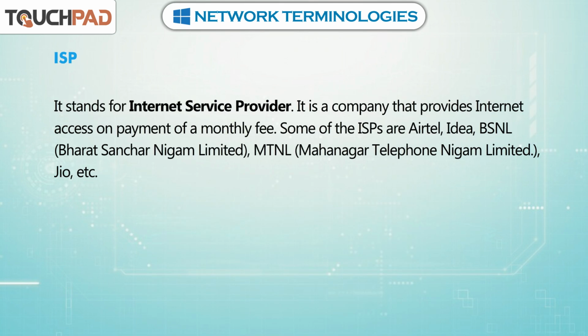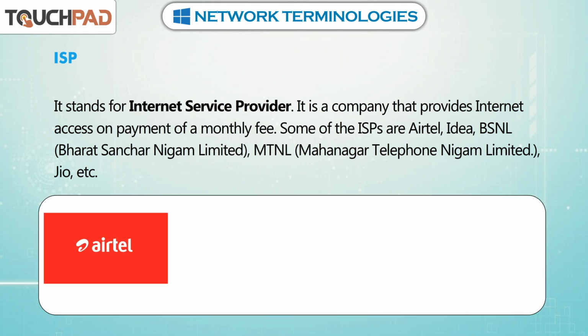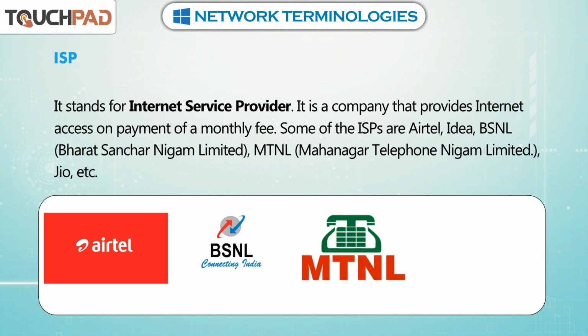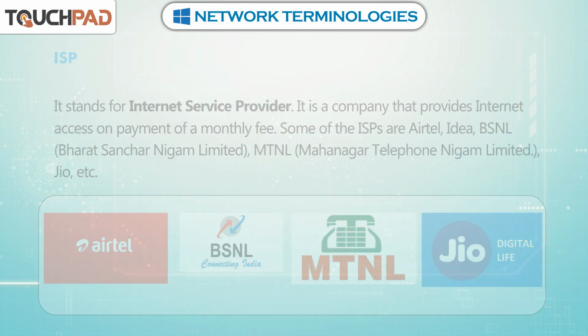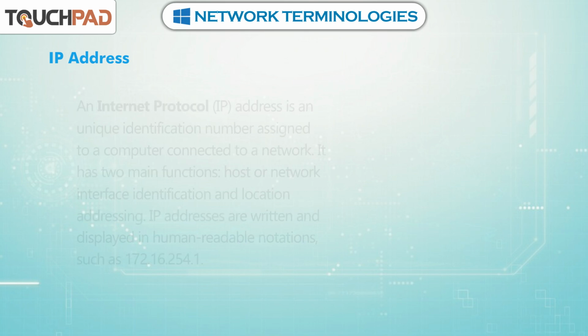ISP. It stands for Internet Service Provider. It is a company that provides internet access on payment of a monthly fee. Some of the ISPs are Airtel, Idea, BSNL, Bharat Sanchar Nigam Limited, MTNL, Mahanagar Telephone Nigam Limited, Jio, etc. IP address.